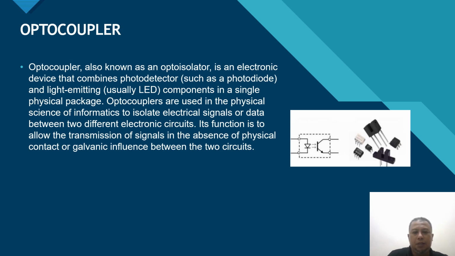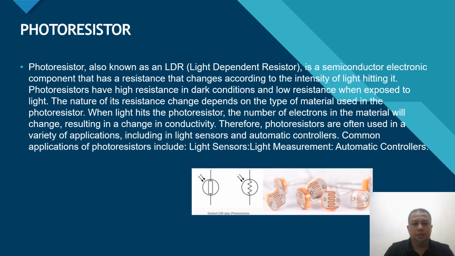Optocouplers are used in the physical science of informatics to isolate electrical signals or data between two different electronic circuits. Its function is to allow the transmission of signals in the absence of physical contact or galvanic influence between the two circuits.